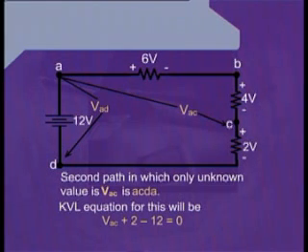And the terminal of the resistance which is towards the point C has been marked as positive. Therefore, after writing VAC, we write plus 2. And we go through this resistance and reach at the point D.